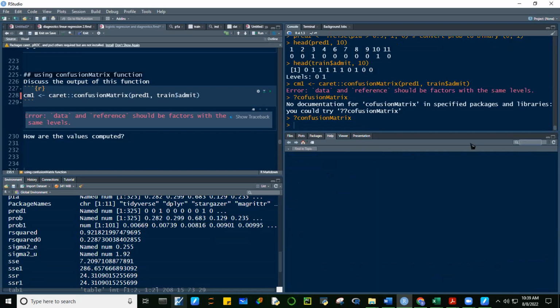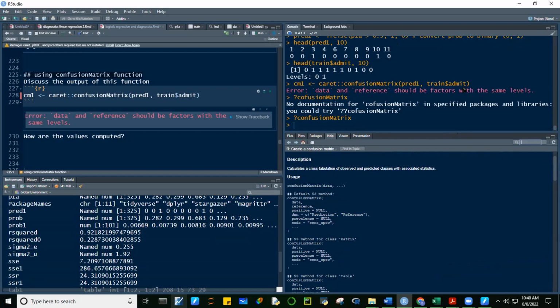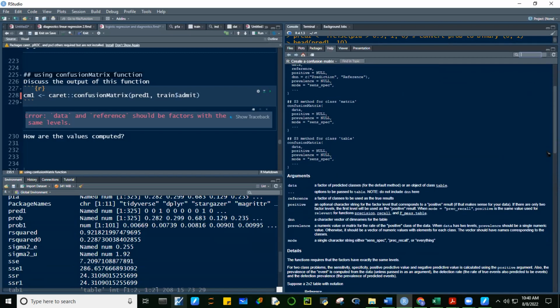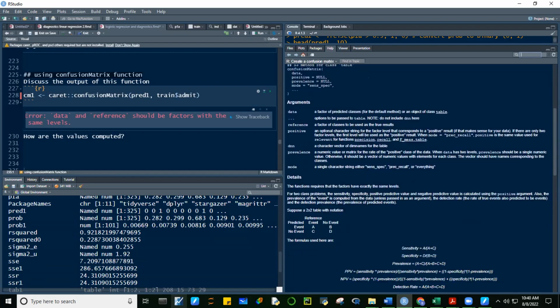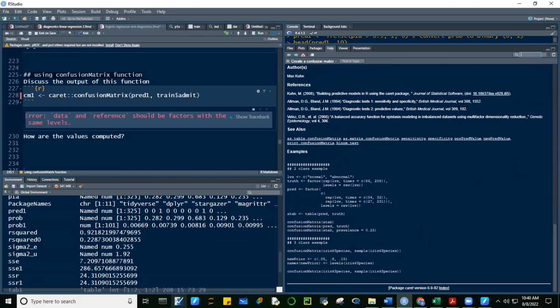Correcto. So this is the confusion matrix, correct? Okay. Data. Okay, natin ito example na ito.